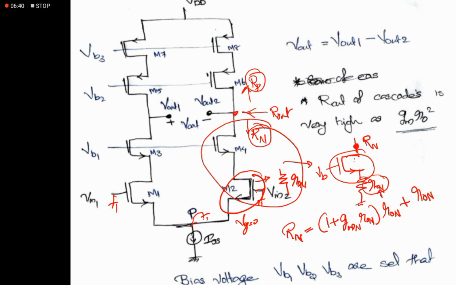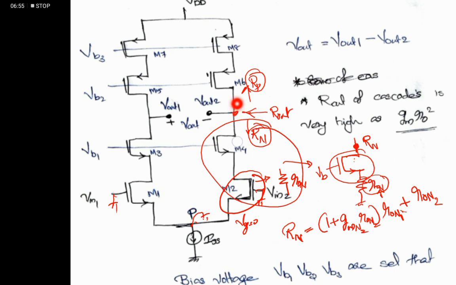With numbering, this becomes gm2, R0N2, R0N1 and R0N2. So this will be the effective resistance that we see here.